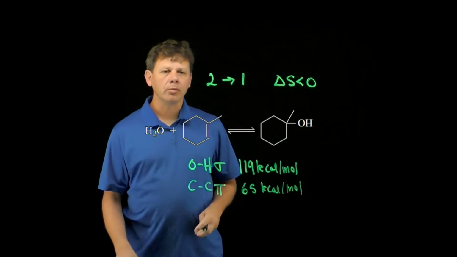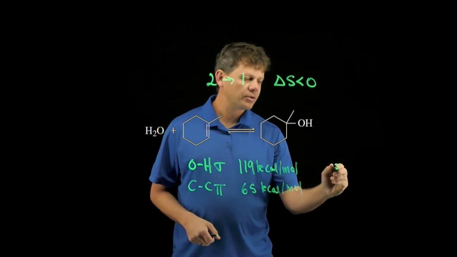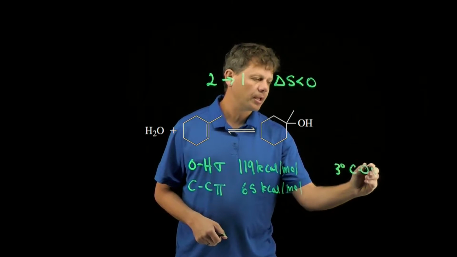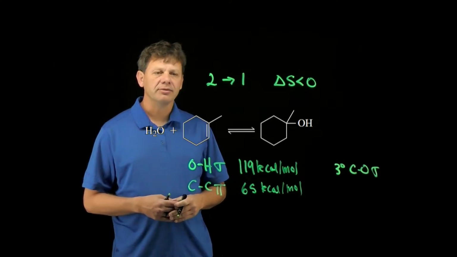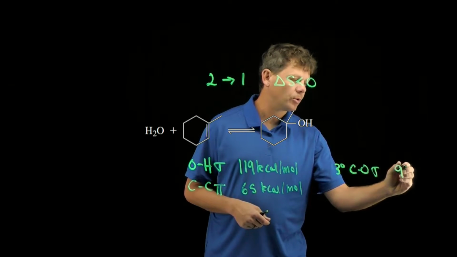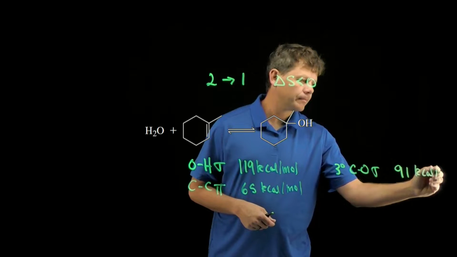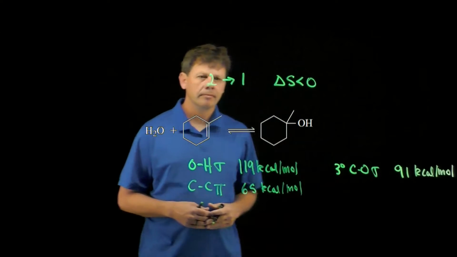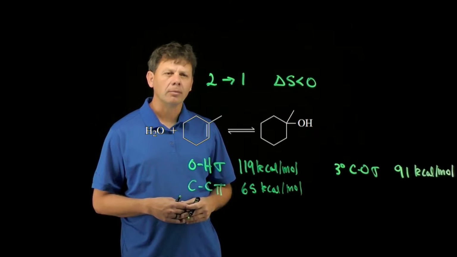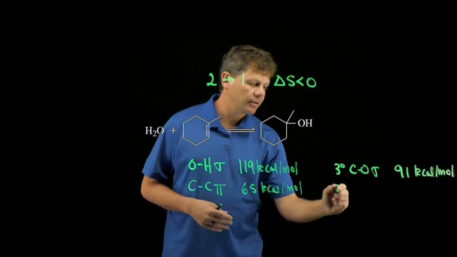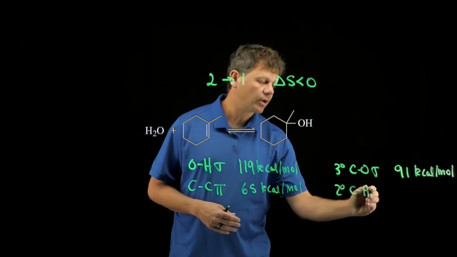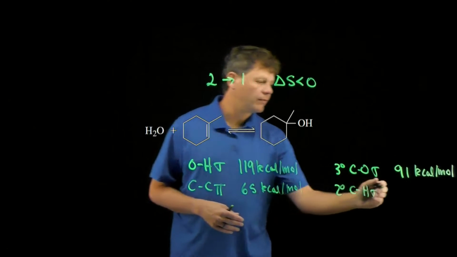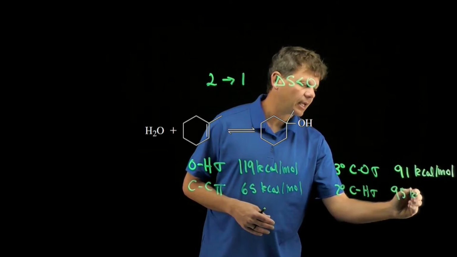In terms of the bonds that we're going to form, a tertiary CO sigma bond, the energy of which is 91 kilocalories per mole. And finally, we're going to form a carbon-hydrogen sigma bond at the secondary carbon, a value of 95 kilocalories per mole.